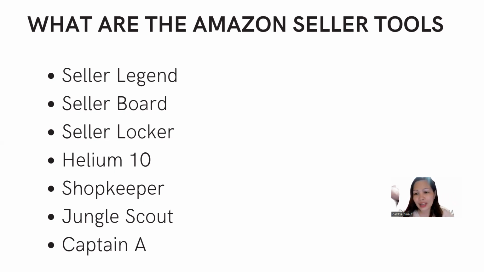Like for Captain A, ang pinaka-major function niya is about the product or customer reviews. So the shopkeeper as well is for the inventory and for the marketing side. The Jungle Scout as well. Helium 10 is also for the marketing side, the listing optimization.